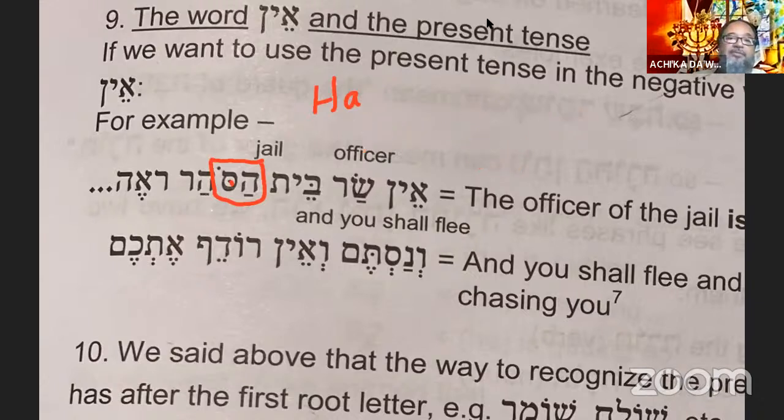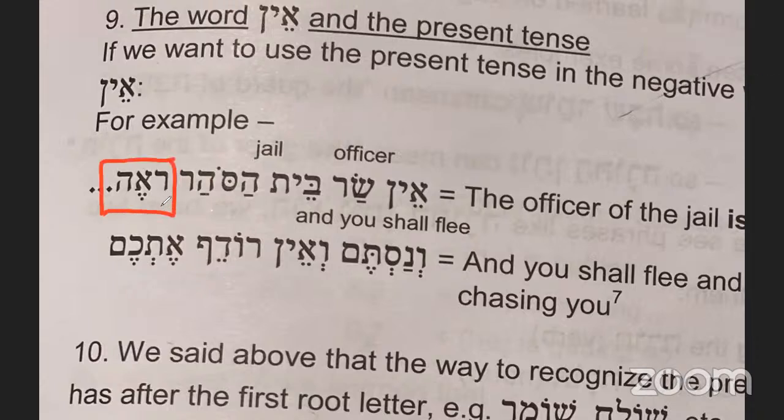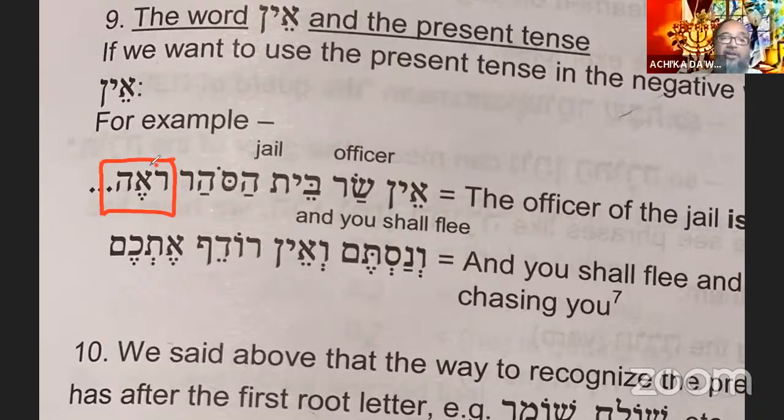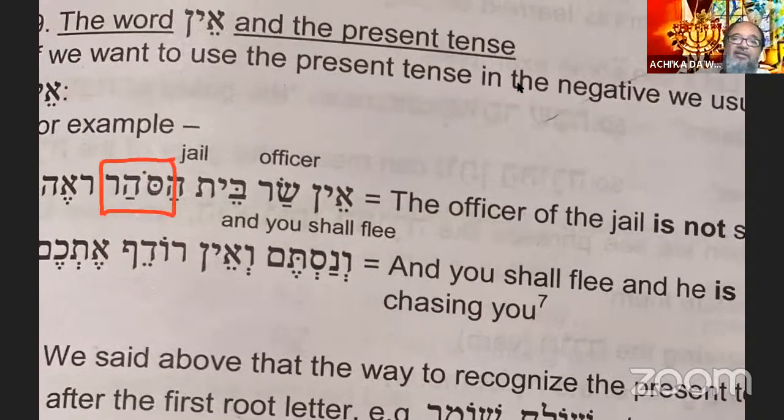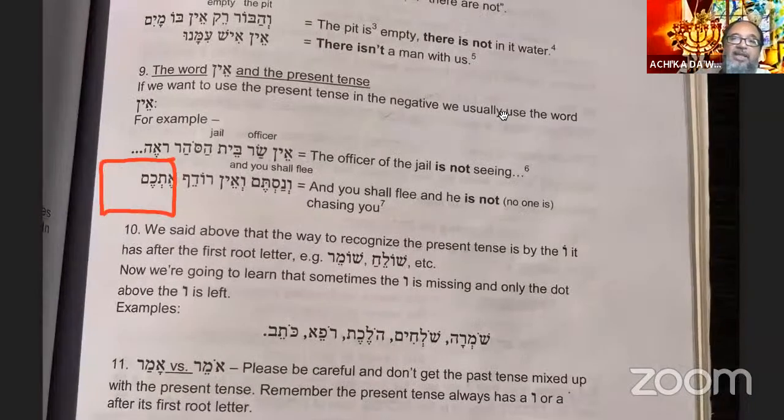Next word. Ra. Yeah, they're actually missing something; it should be a little dot over there. It might be a misprint. It's called ro, and ro means to see. Yes, it's seeing.